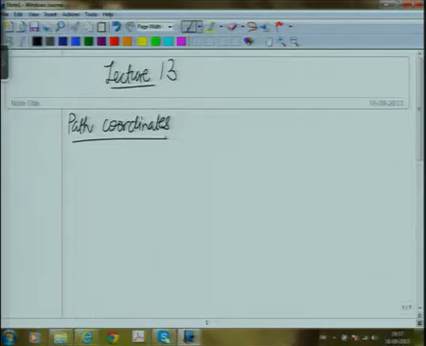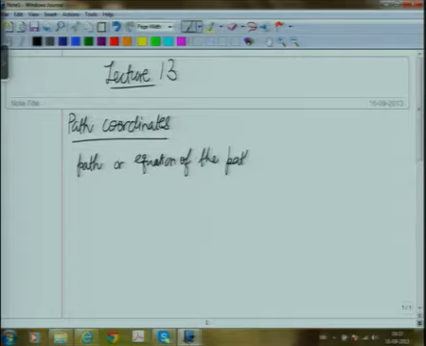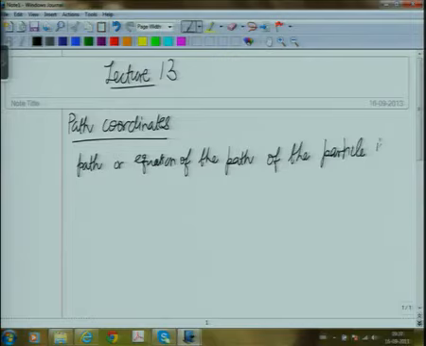Path coordinates. We will start from the very basics. So, in path coordinates, what we assume is that the path or equation of the path of the particle is known.